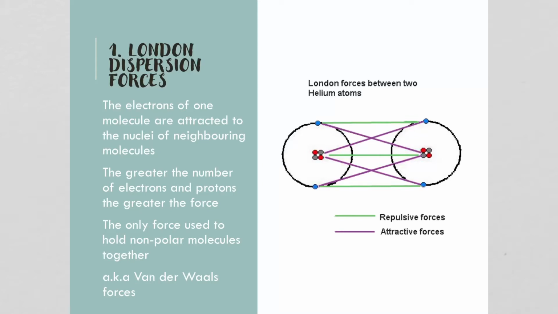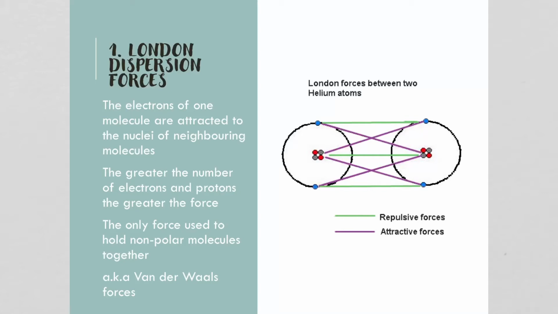The greater the number of electrons and protons, the greater the force of attraction. So the bigger the molecules and the atoms, the more attraction there will be. This is the only force that's used to hold nonpolar molecules together, because the other two only have to do with polar molecules.